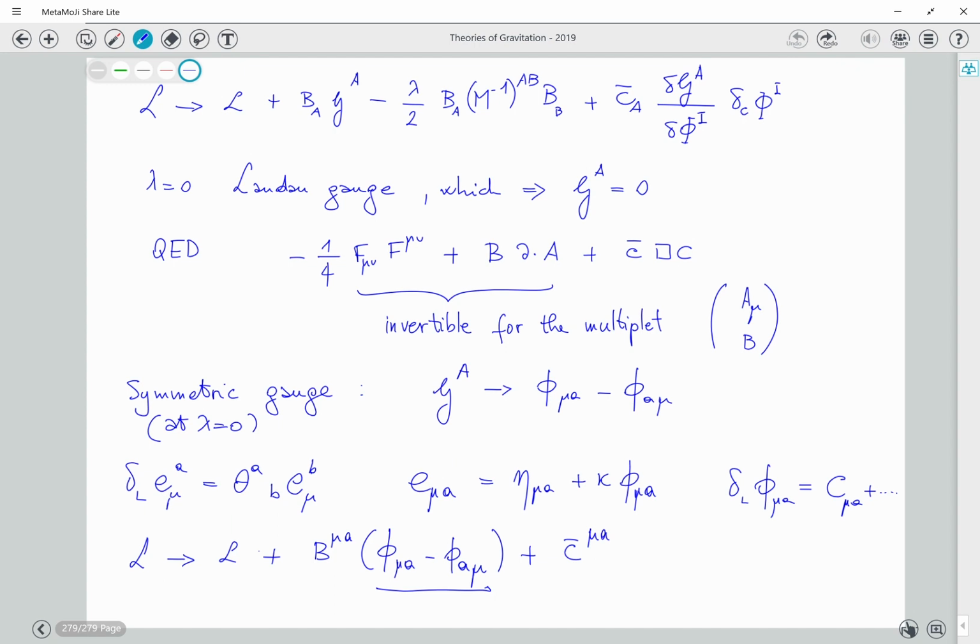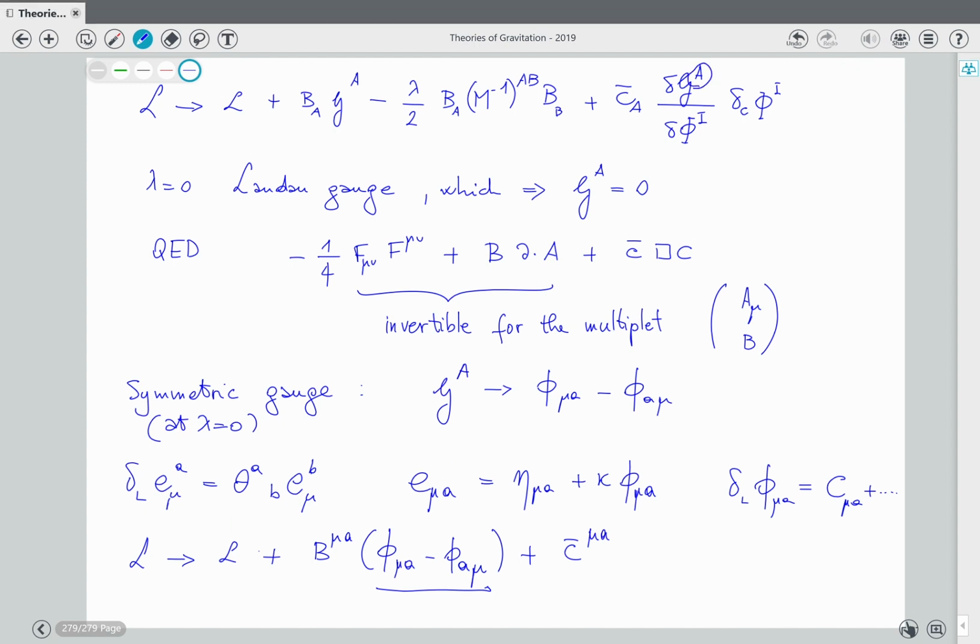So the indices big A are mu A, and the indices R are the same indices. So basically what you have is the identity.